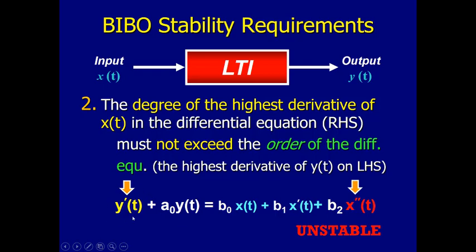So if we have a first order system, so we only have a first derivative of y, if I have a second order derivative or third derivative of x, that's an unstable system. The x derivative cannot be at a higher order than the y. It can be the same, it just can't be a higher order. If it is, then it's an unstable system.